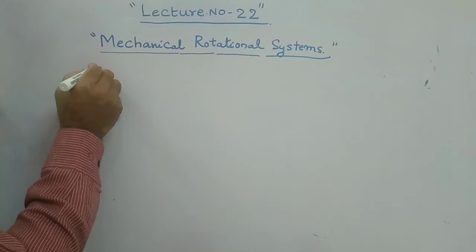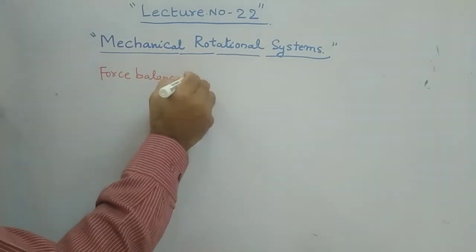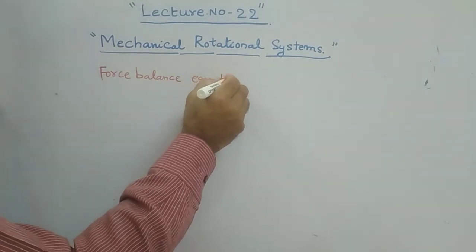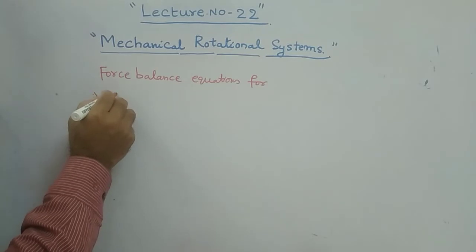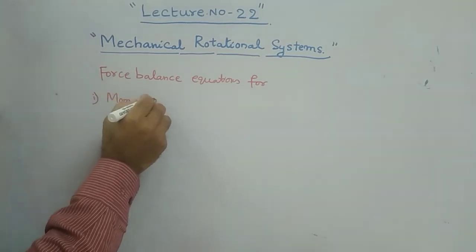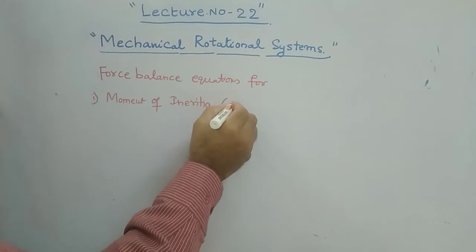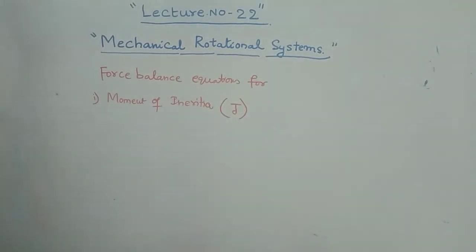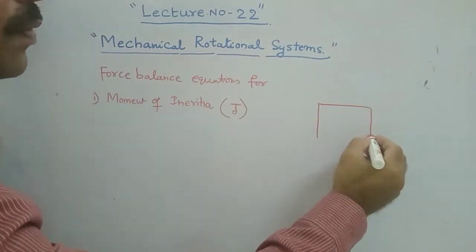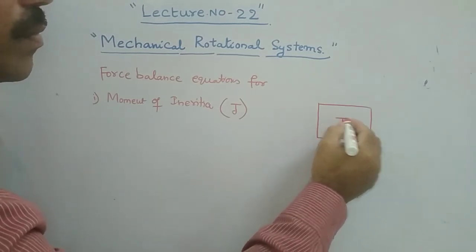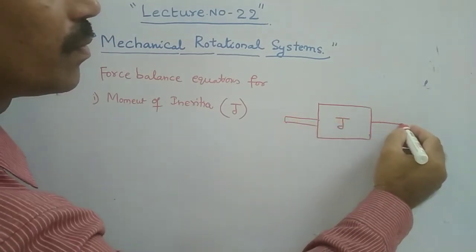You can write force balance equations for the first element, which is moment of inertia, that is capital J, moment of inertia capital J. So here it is given as your J like this.